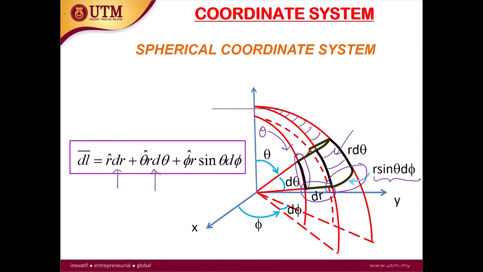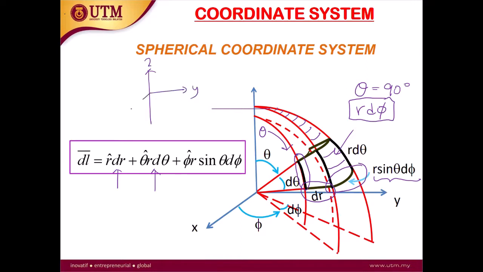That means if theta is equal to 90 degrees, the curve is equal to r d phi, like we defined for the cylinder. When we take the xy plane, this is x and this is y.